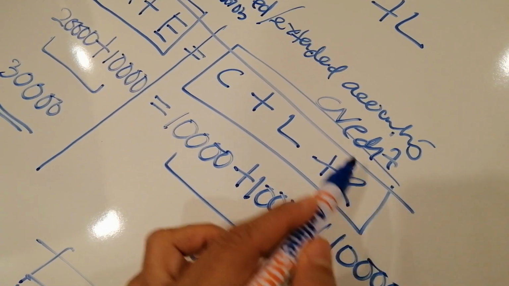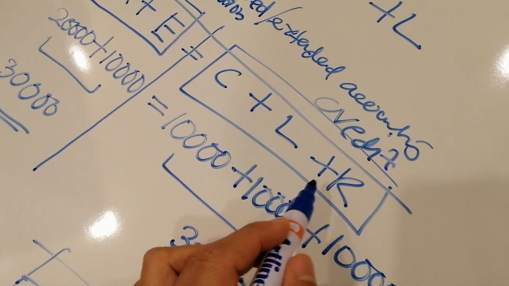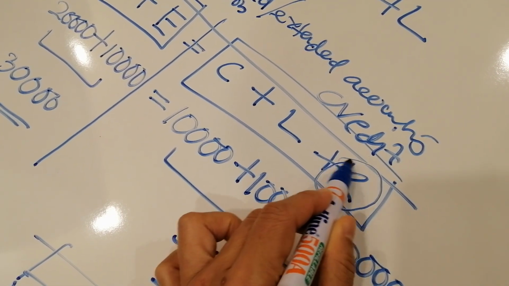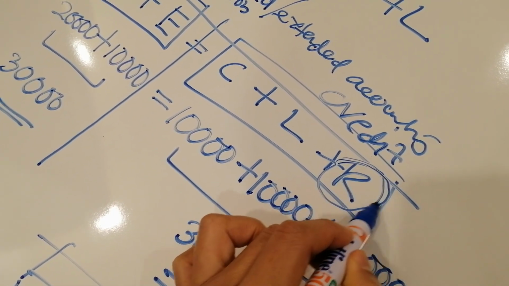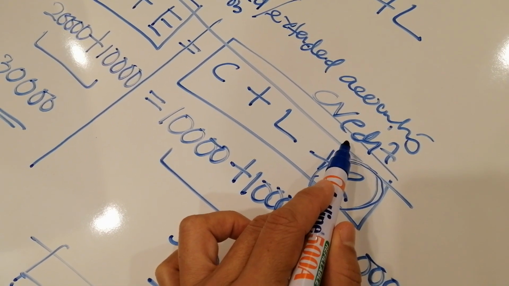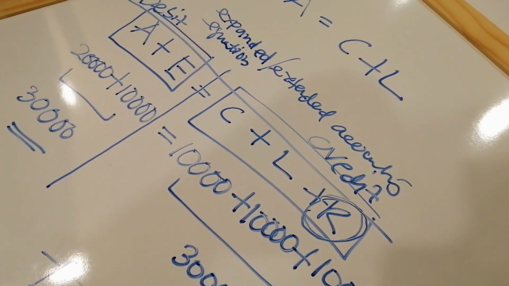Nowadays, if you buy goods and the business receives money from you, then business revenue increases. When your business revenue increases, you must record it under credit. Okay. That's why just now you saw A plus E equal to C plus L plus R.